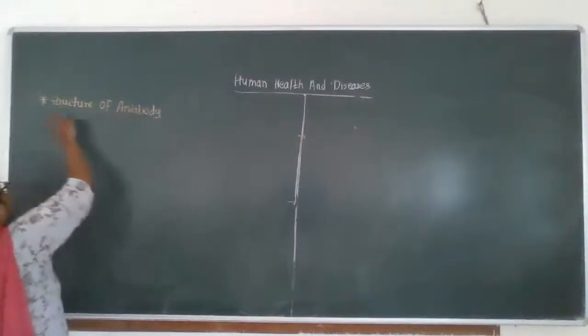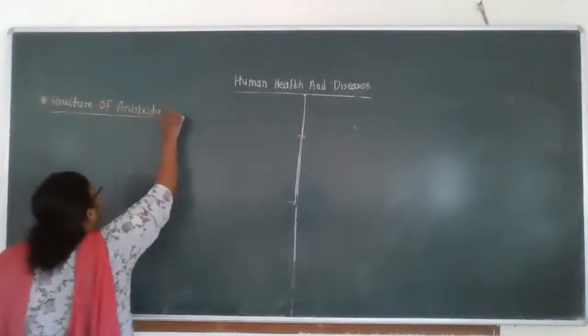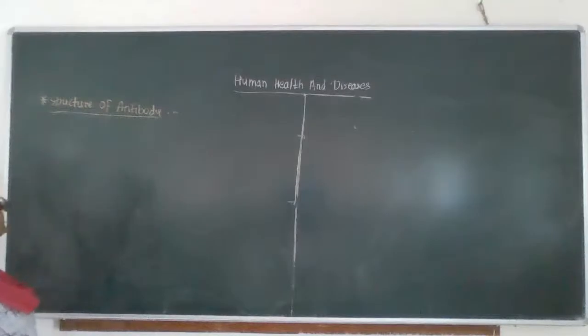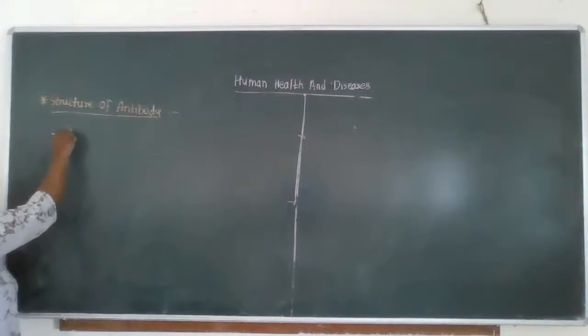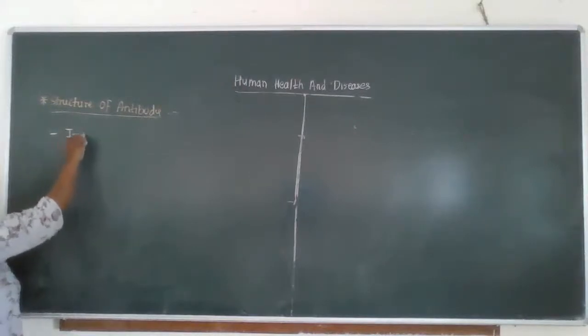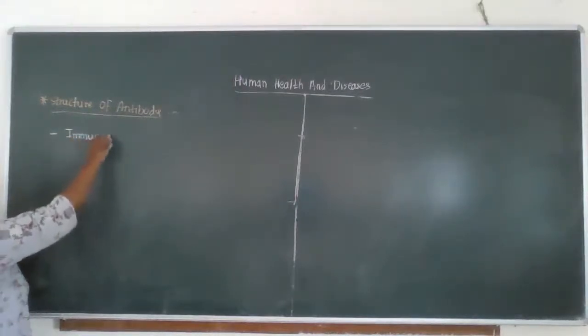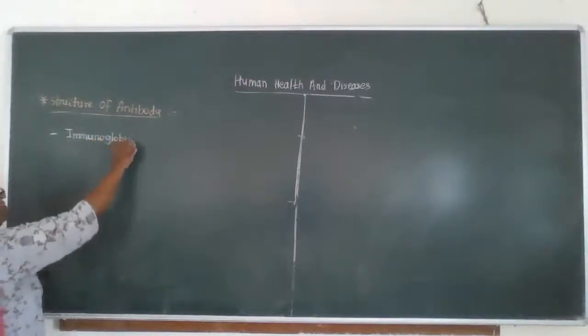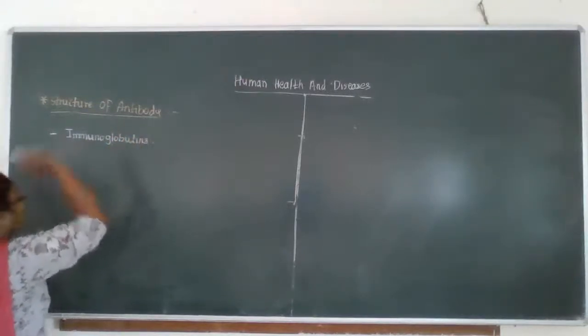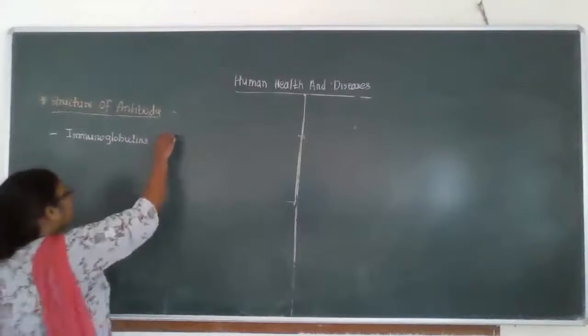This question can be asked, a very important point. The structure of antibody can be asked for a 2 or 3 marks question. Related to antibodies, antibodies are also called immunoglobulins, abbreviated as IG.